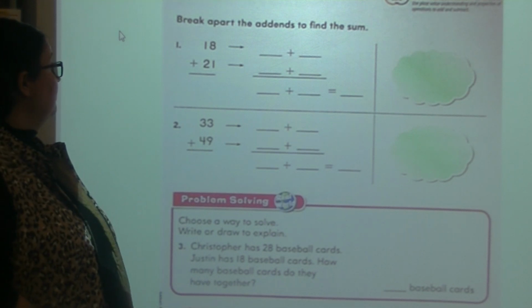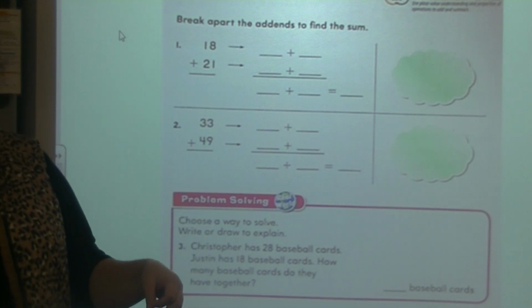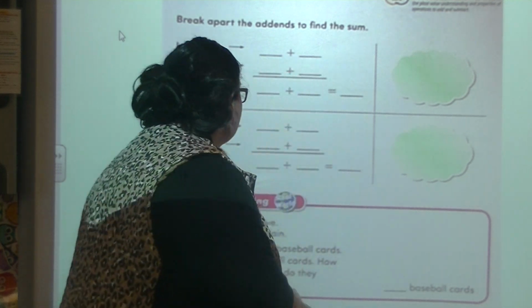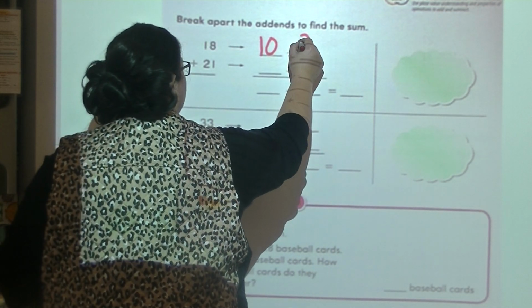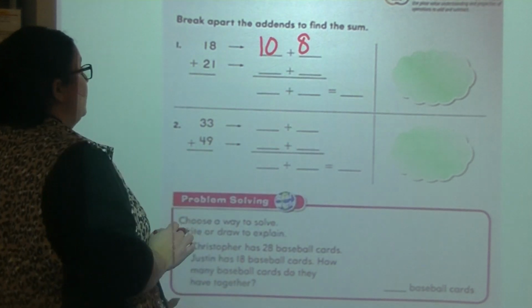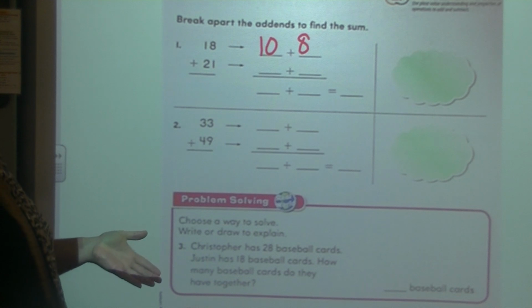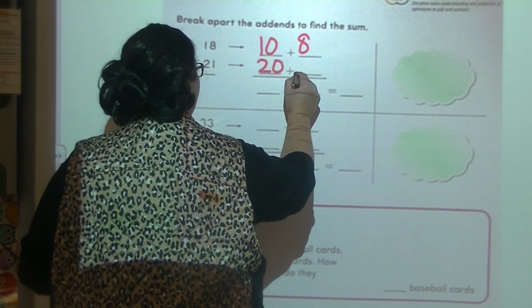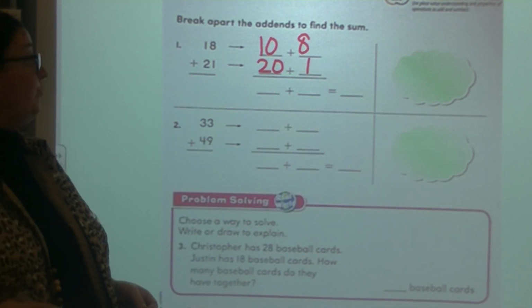Let's check your work. So 18, if we divide it into expanded form, is 10 plus 8. Plus 21. 21 is 20 plus 1. Right, and now we can add our tens and our ones.